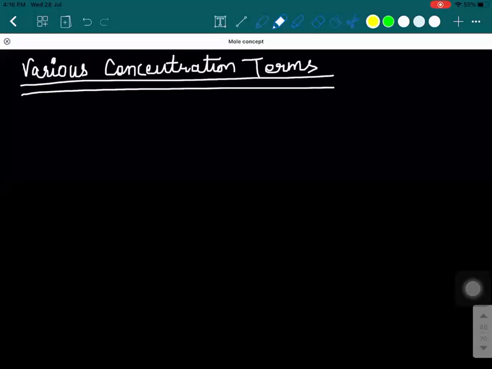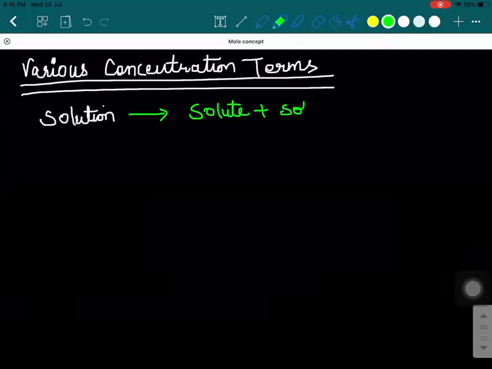See here, before jumping into this topic, let's understand the logic. Let's understand the basic. Let's say we are having a solution, right? In a solution, we are having solute plus solvent, isn't it?